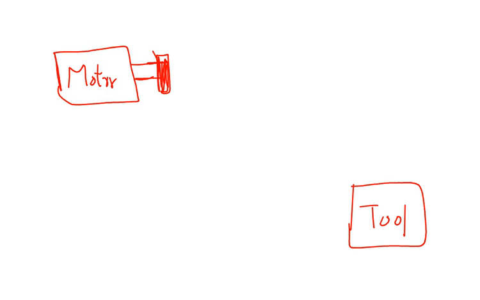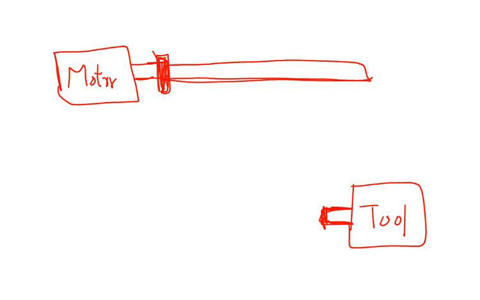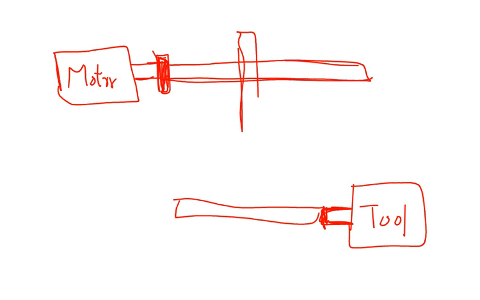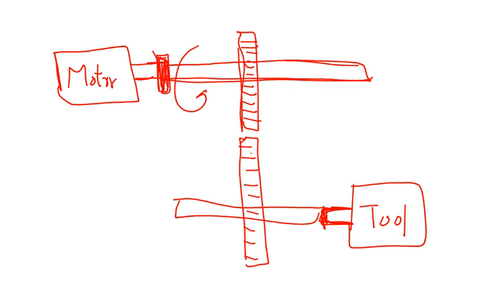You can see that the shaft in the tool, or the input in the tool, does not line up with the shaft of the motor. So one thing you can do is attach a shaft to the motor, you have the shaft to the tool, and then you use gears. One gear on that shaft and one gear on this shaft. And now you're basically transmitting the rotational motion of that motor to the tool.